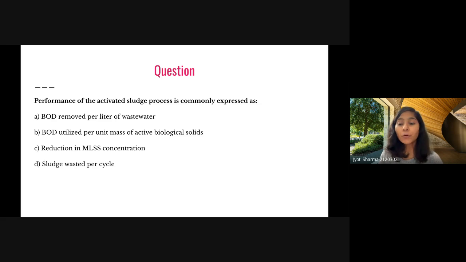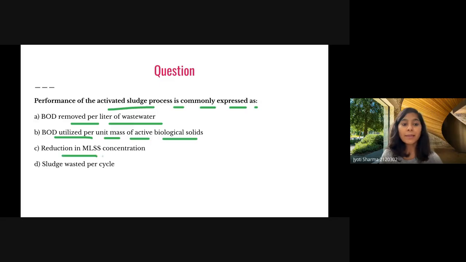Okay, if you want to do the analysis to see the performance of this activated sludge process, that is commonly expressed as BOD removed per liter of wastewater, BOD utilized per unit mass of active biological solids, reduction in MLSS concentration, sludge wasted per cycle.